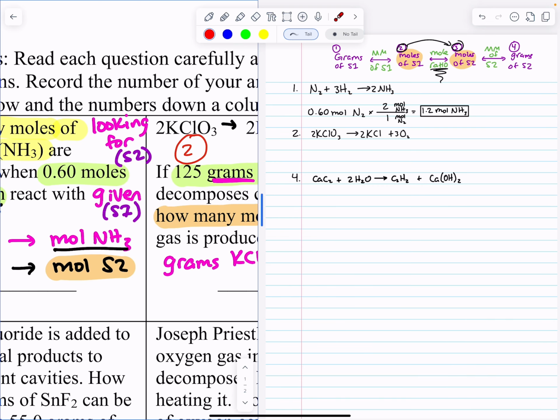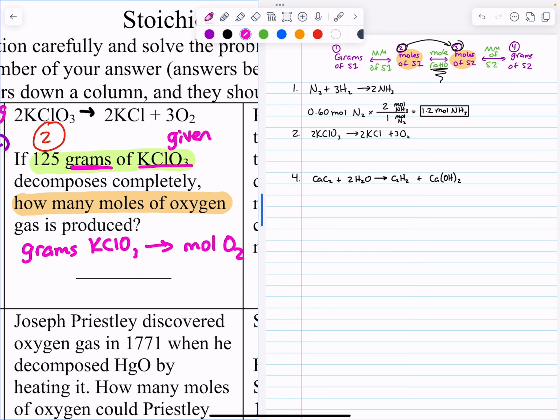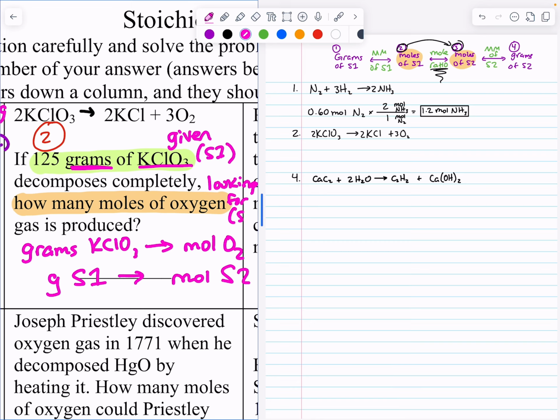If I have a substance that I'm given, it will always be substance number 1. My given is KClO3. So I have grams of substance 1, and I'm looking for moles of substance 2. My looking for is going to be substance 2.